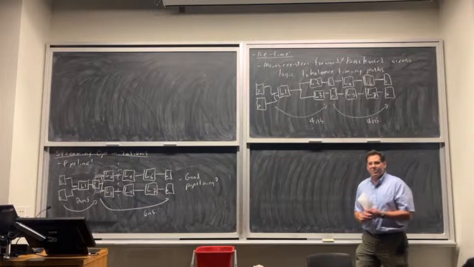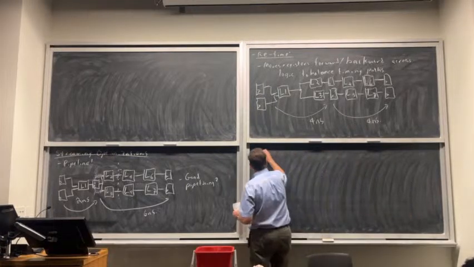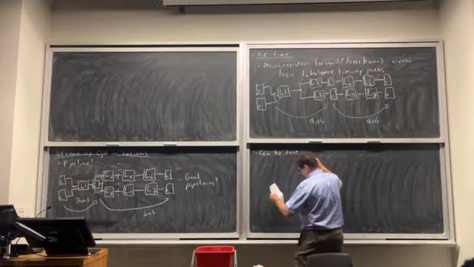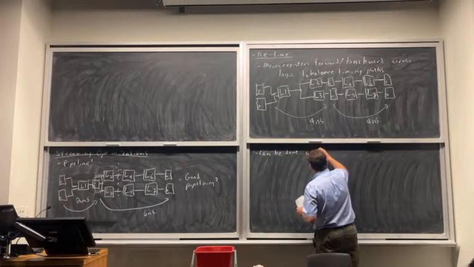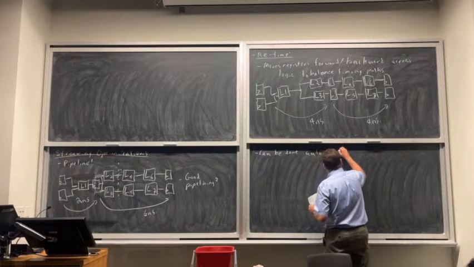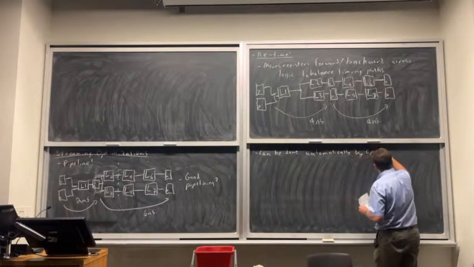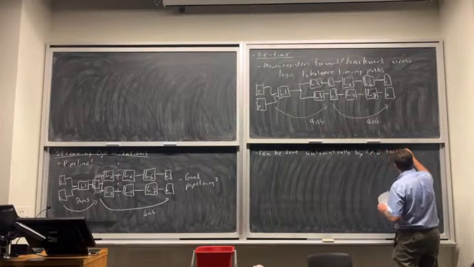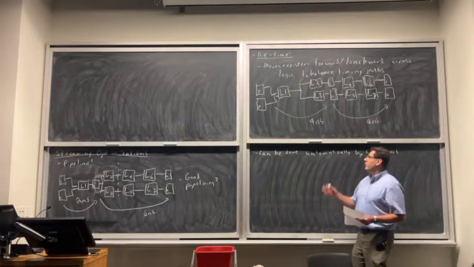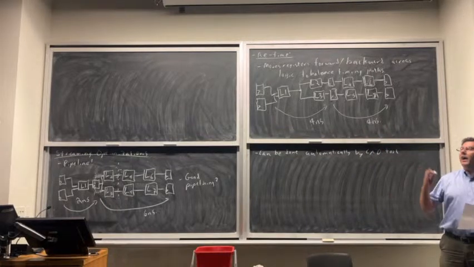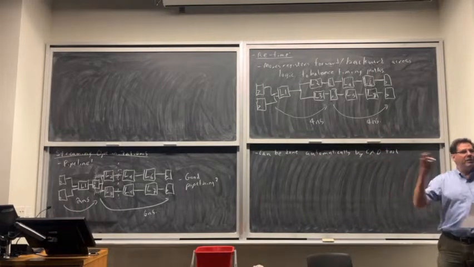Okay, so the nice thing about retiming is it can be done automatically by the CAD tool. It can also be done by hand. So you can apply this as a mechanical transformation of essentially choosing where to move cut lines.